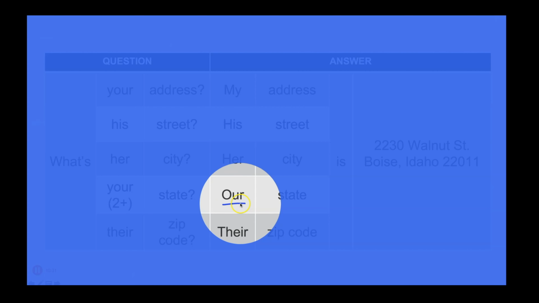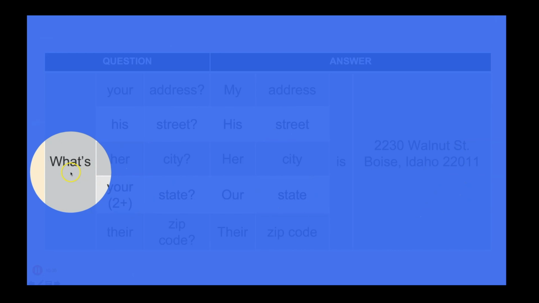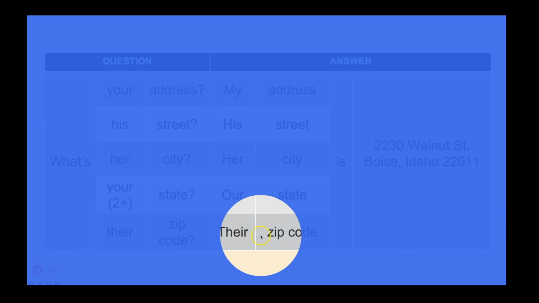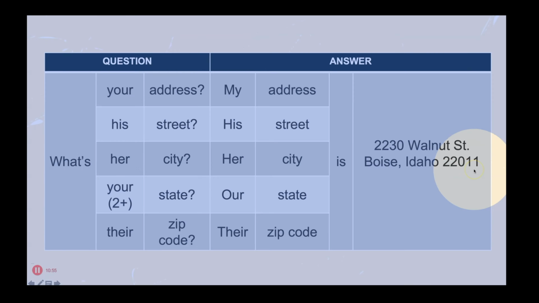Our state is Idaho. And what's their zip code? Their zip code is, what's this? Correct. 22011. Excellent.